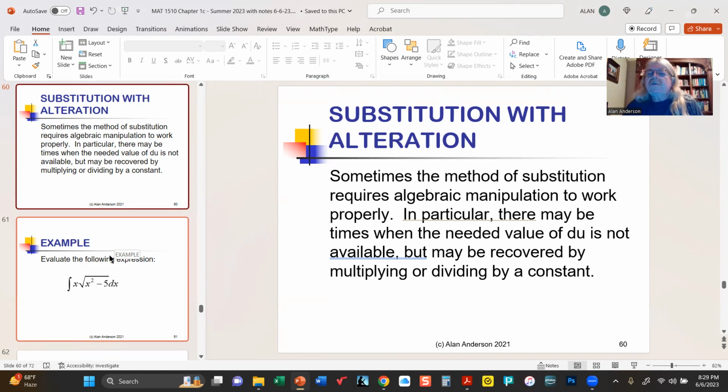That's usually when we end up doing this technique. Let's say that du is 3x and all we have is x. Well, then what we can do is multiply by 3 and divide by 3. So we do have our proper du. All right, so let's take a look at this.